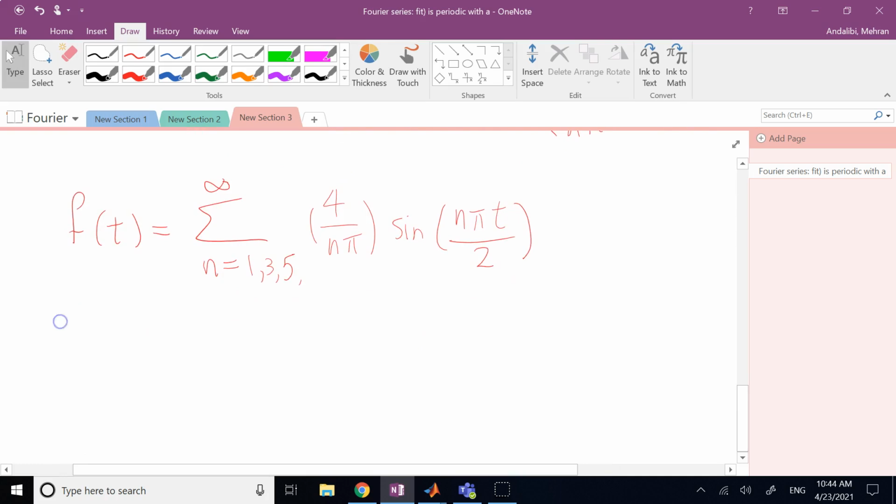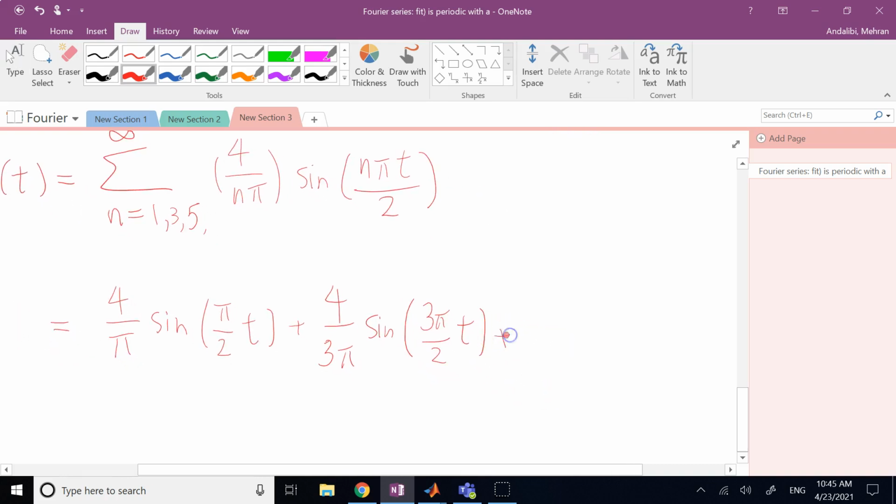So this is your function, and if you want to expand it, plug in 1, you get 4 over pi sine of pi over 2 times t, and then plug in 3, you get 4 over 3 pi sine of 3 pi over 2 times t, and then 4 over 5 pi sine of 5 pi over 2 times t, and so on and so forth.